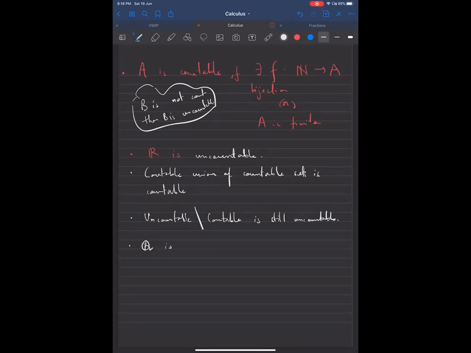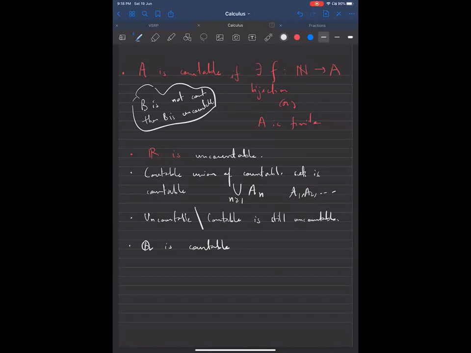Rationals are countable. What is the countable union of countable sets? That means suppose you take the union of countably many sets, A1 be a set, A2 be a set, and it goes on.